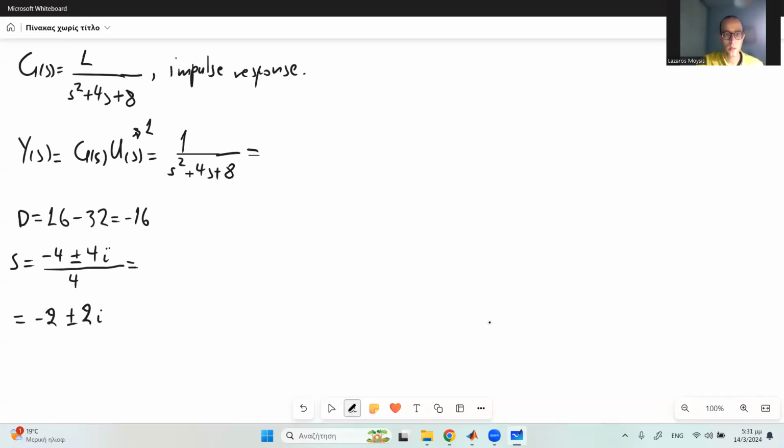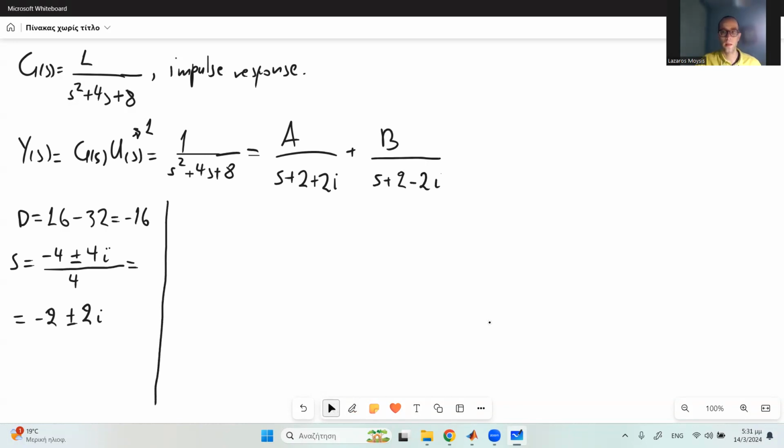This gives us the fraction A over s plus 2 plus 2i plus B over s plus 2 minus 2i. And remember, these are complex conjugates, so I don't need to compute both A and B. I just need to compute one of them. So let's compute A the same way as before.